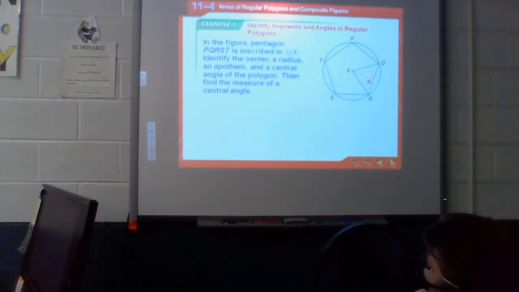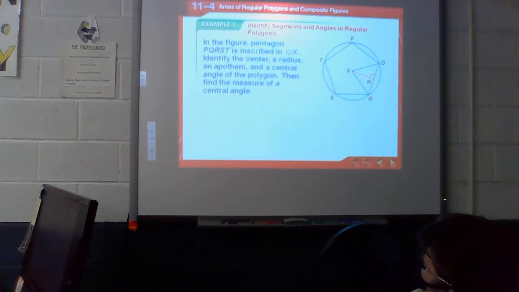So, what is the center of this circle, or the center of this polygon? X, right? What's one radius? XQ, right? What's another radius? XR. What's another radius that they didn't draw?